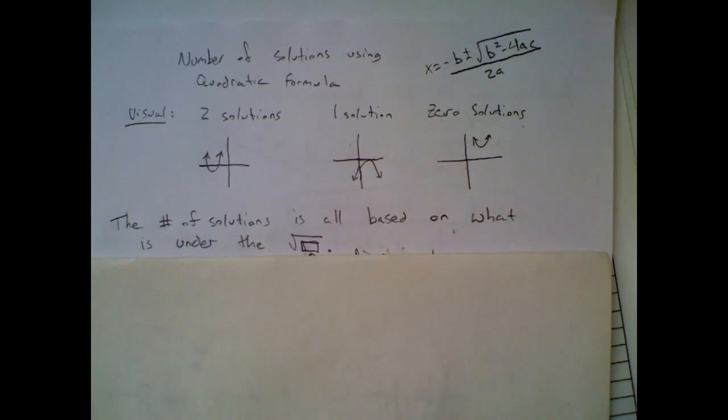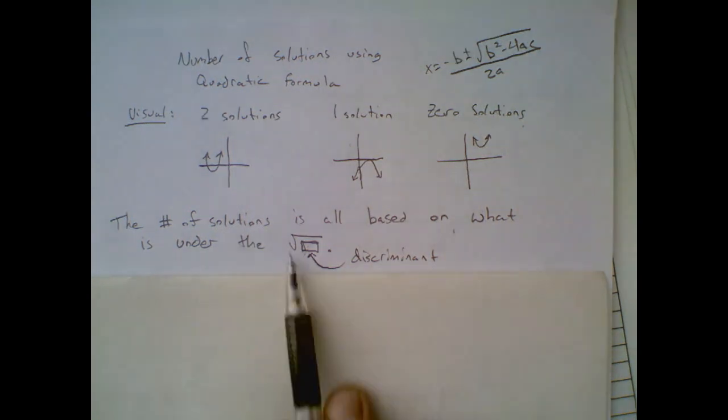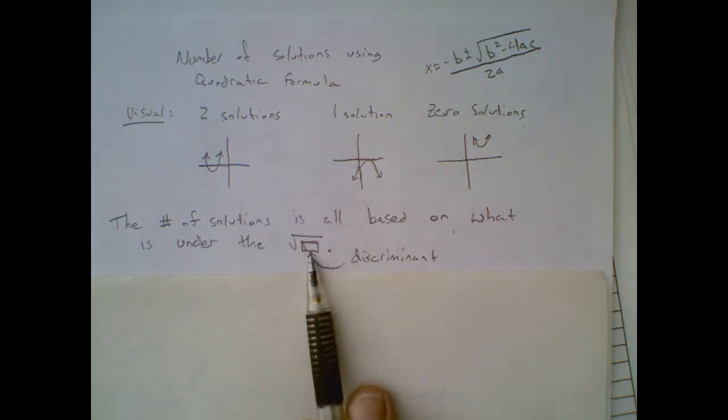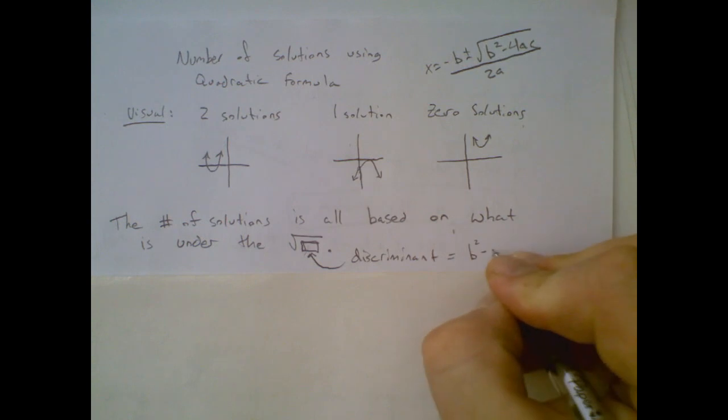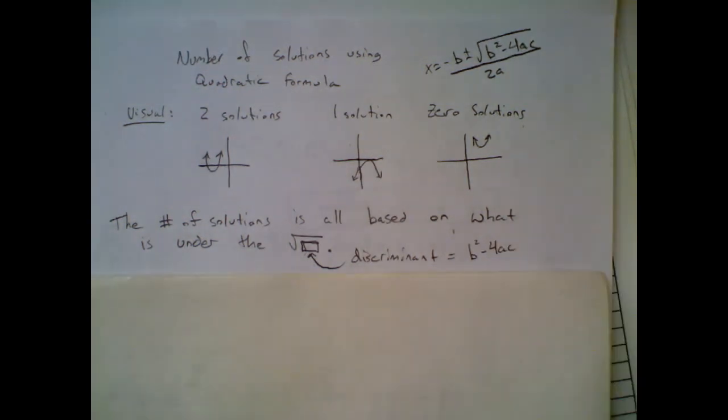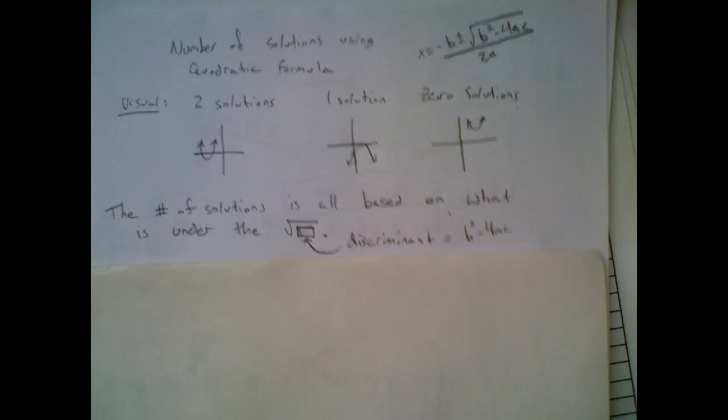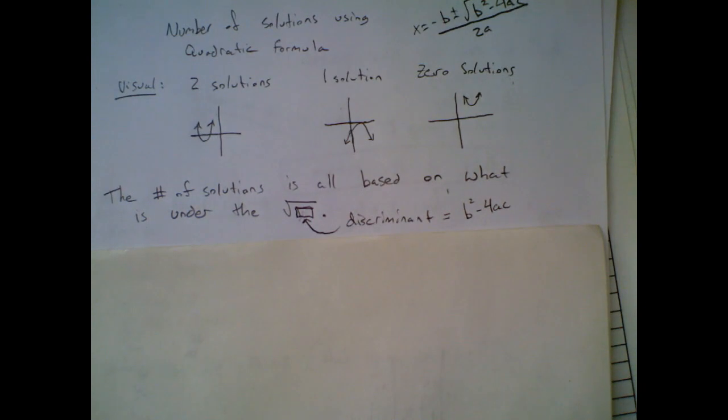If you're dealing with a regular square root, it's called a radicand, but in the quadratic formula, we call it the discriminant. So all of the stuff underneath the square root is the discriminant, our b squared minus 4ac.